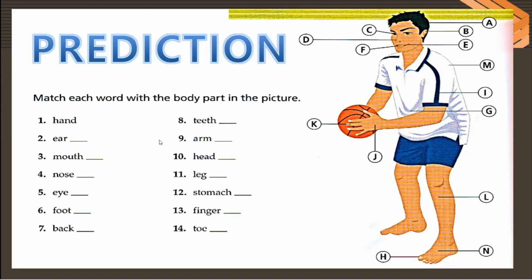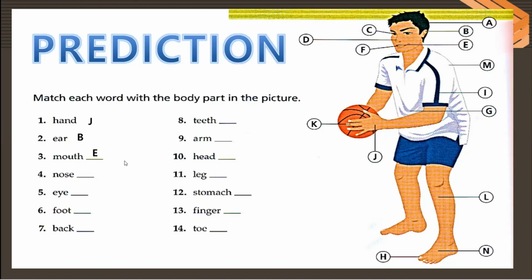Which letter is suitable for hand here? Okay, hand is on J. And then how about ear? Ear will be on B. Okay, ear, not eyes but ear. Okay, ear will be on B.